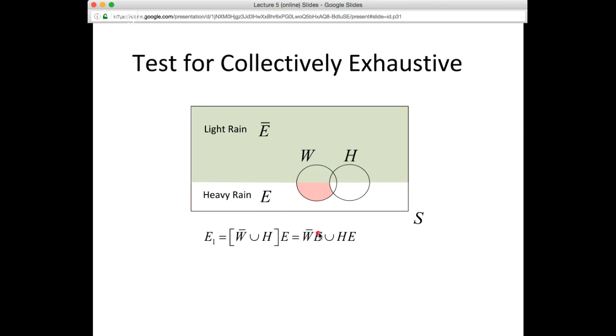And then we intersect it with heavy rain. That's going to be only the regions which are outside of the circle and also in the heavy rain region. And what is that going to be? It's going to be basically this white region here.